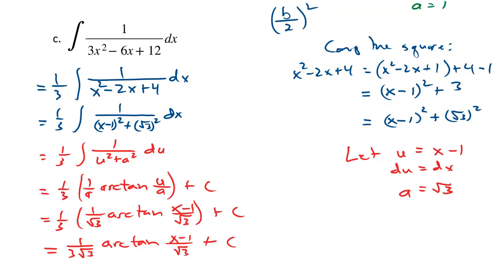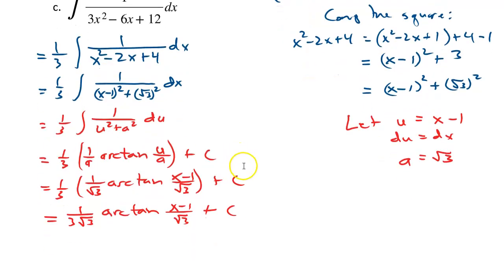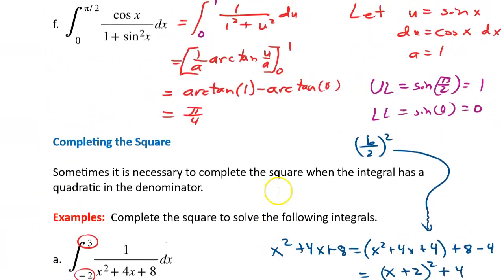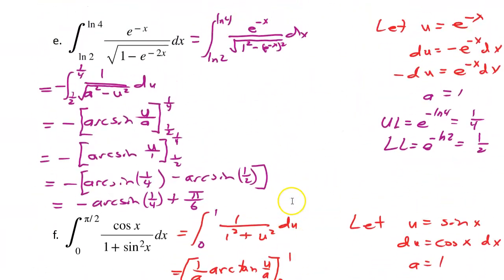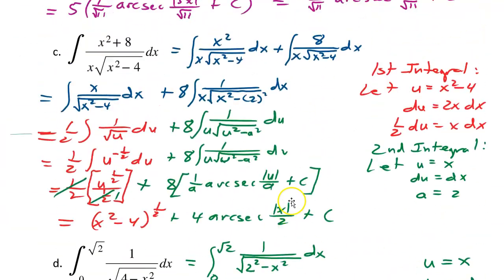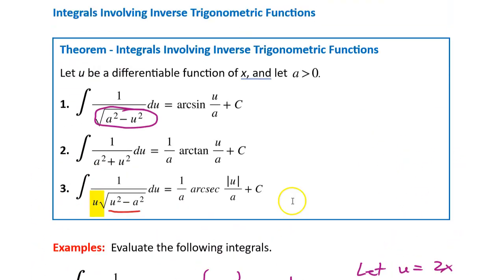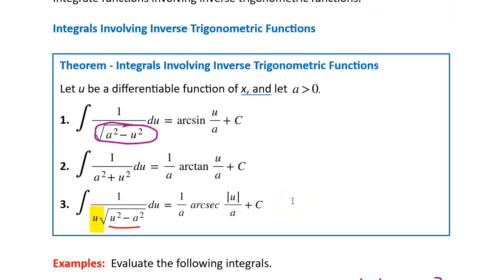All right, so we saw some different techniques there to deal with your inverse trig functions. Again, it's all about recognizing the patterns, right? If you can get something where you see one of these patterns, you might have to manipulate it by completing the square or doing something like that.